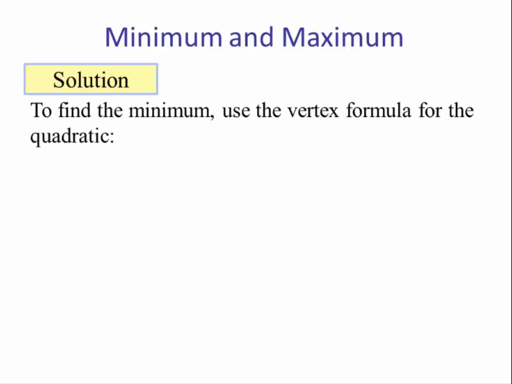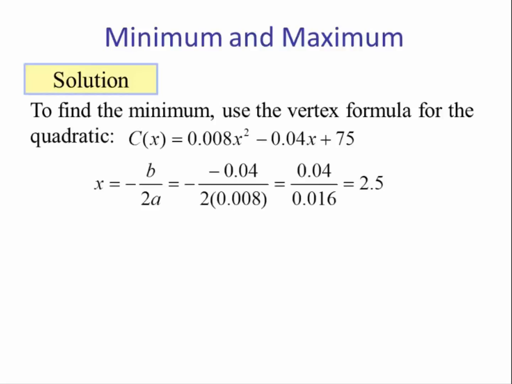Solution? We know that it's a minimum because a is positive, so using the vertex formula, we will have negative b divided by 2a, which gives us a negative 0.04 divided by 2 times 0.008, which gives us 0.04 divided by 0.016, which gives us 2.5.